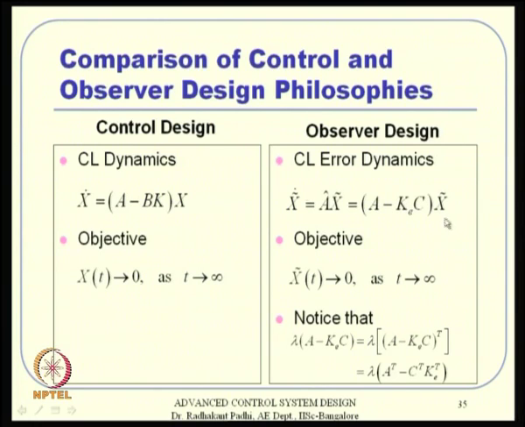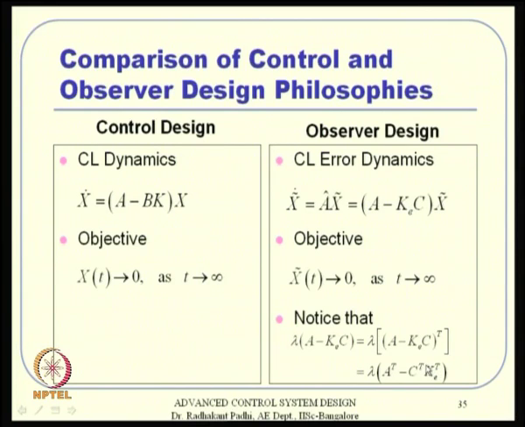To avoid this problem, we note that all we want is for this matrix to be Hurwitz, that is, all its eigenvalues must be in the left half plane. If I am interested only in the eigenvalues, I can very well visualize the transpose of this matrix as well. The transpose is A transpose minus C transpose K E transpose, since the order changes.